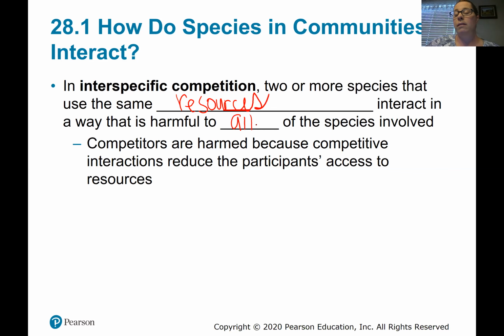There may be 4 or 5 species involved, or there may be only 2. It just really depends on the situation. The competitors are going to be harmed because they're going to have a reduction in access to those resources, and also there may be aggression where they're fighting over a meal.